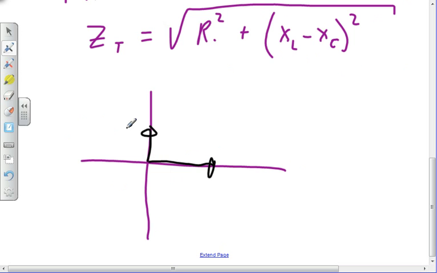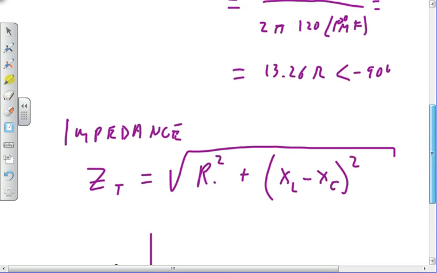I got some X of L going that way, X of C going that way. Those two are going to cancel each other out to some effect, and I'm going to have a vector going this way. I'm looking for that magnitude and that angle right there for my impedance.